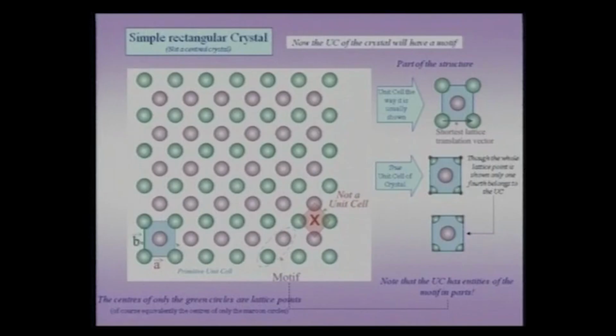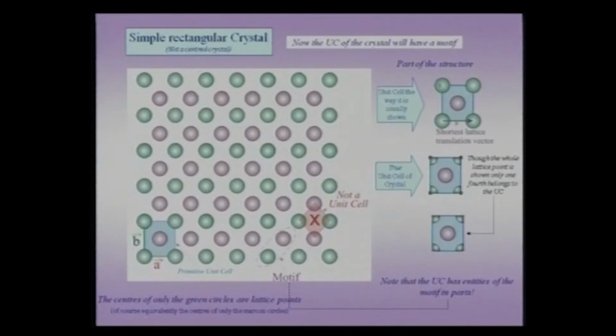This unit cell is not a centered unit cell but a primitive unit cell again, because the center point is not a lattice point, and such a unit cell has only one lattice point for this blue cell. We had also noticed that in this unit cell you can define the shortest lattice translation vector as the one shown here by the brown line. We will return to the concept of a shortest lattice translation vector when we deal with dislocations especially.